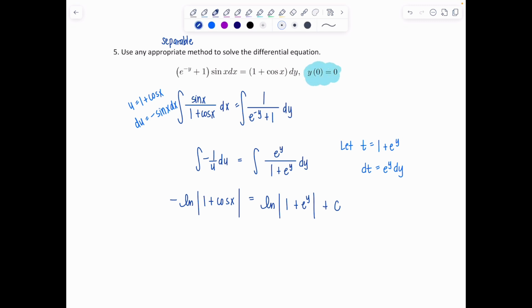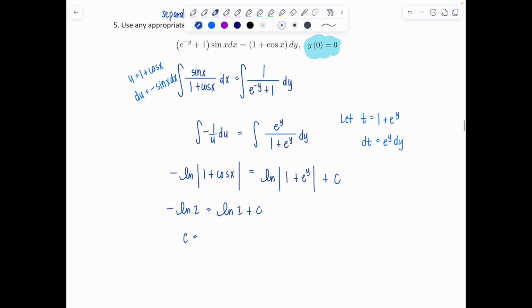y of 0 is 0. So negative ln of 2 equals ln of 2 plus c. So c equals negative 2 ln of 2, which is negative ln of 4. Okay, so I'll substitute that back in. If this is negative ln of 4, let me move it over there. They want to be reunited and happy.